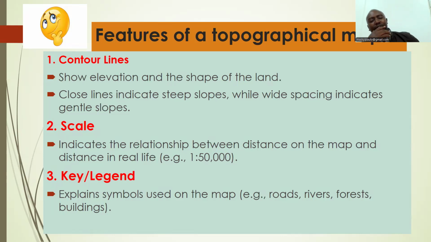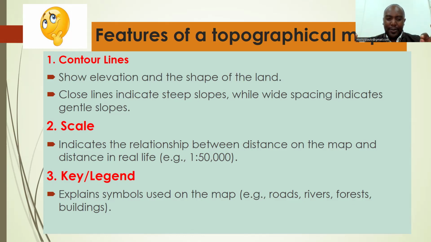You might want to ask yourself, what does a topographical map entail? Which are these features that are found in a topographical map? Let me guide you in knowing them. The first feature of a topographical map is what we refer to as contour lines.